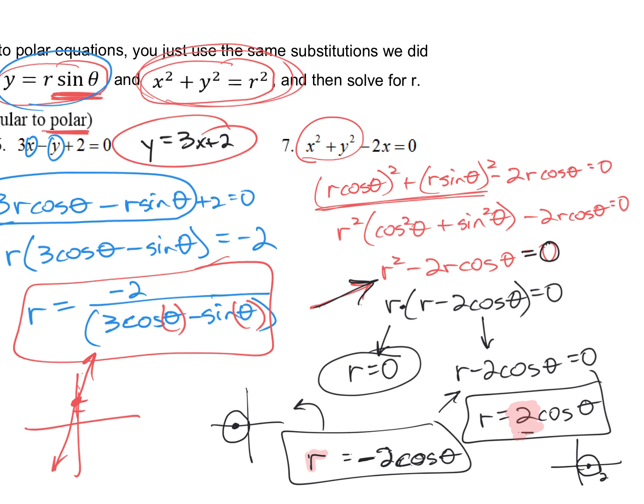So what do you think would happen if you change it to sine? Where would it move? To the middle. Try it. Put it in and see. Don't put negative, just put 2 sine of theta. Where did it go?